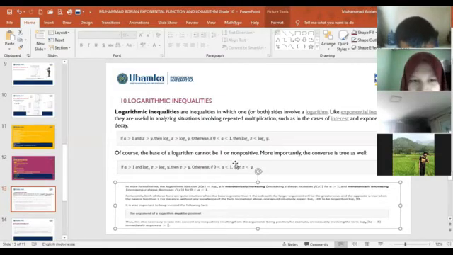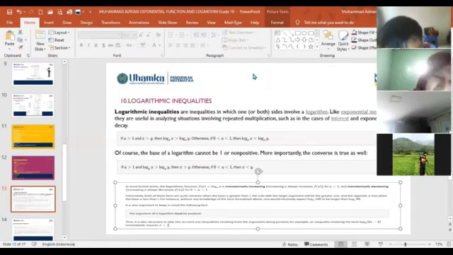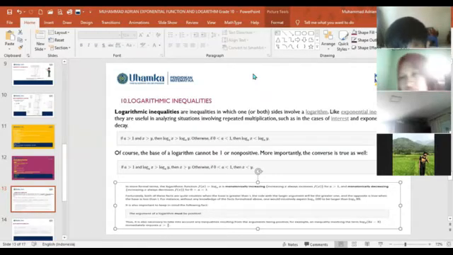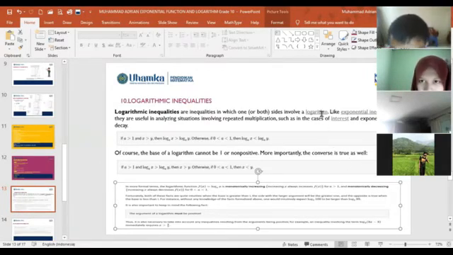So in more formal terms, the logarithmic function f(x) equals log a x is monotonically increasing: x always increases f(x) for a bigger than 1, and monotonically decreasing otherwise. Fortunately, both of these facts are quite intuitive.